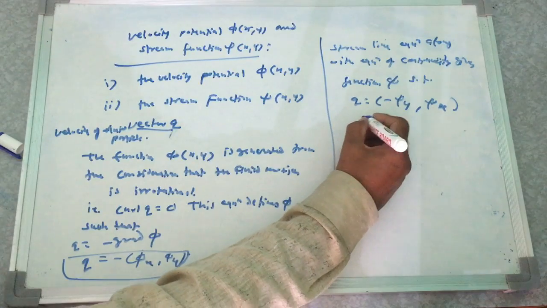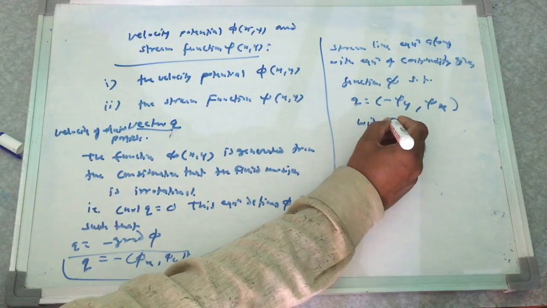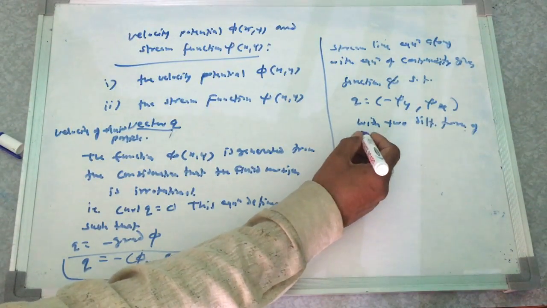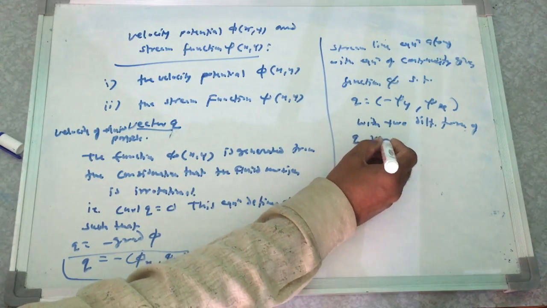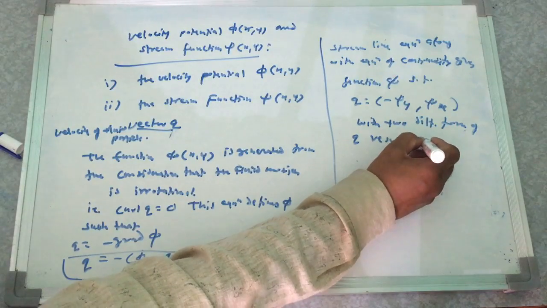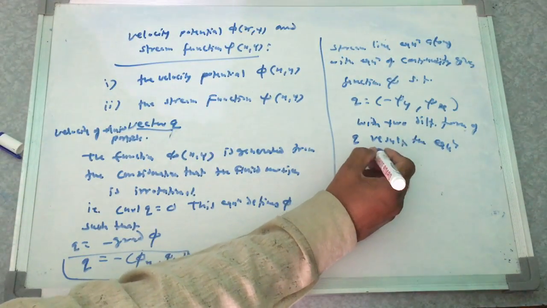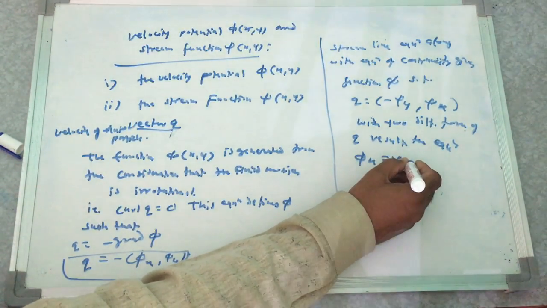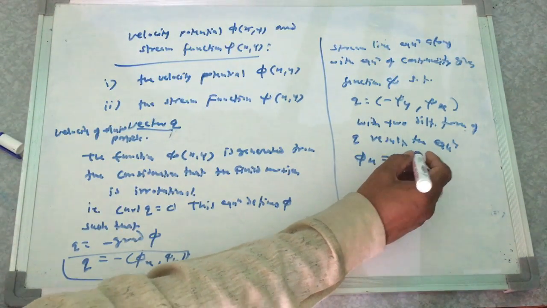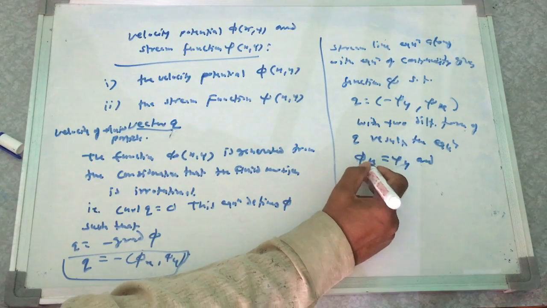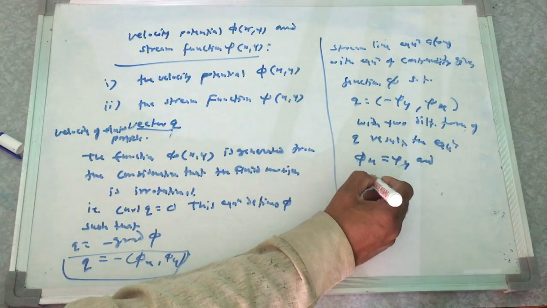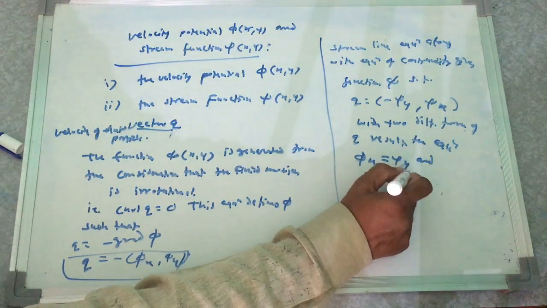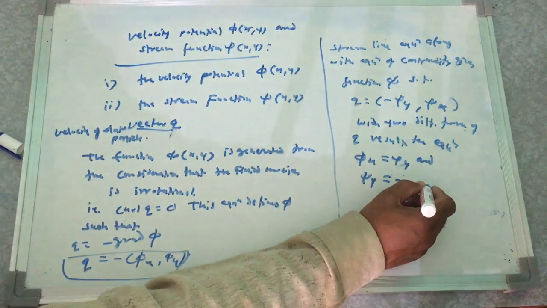With these two different forms of q result the equations phi suffix x is equal to psi suffix y and phi suffix y is equal to minus psi suffix x.